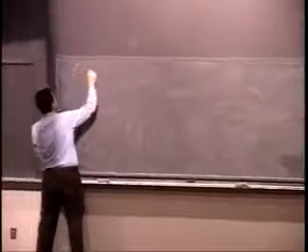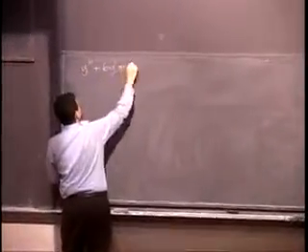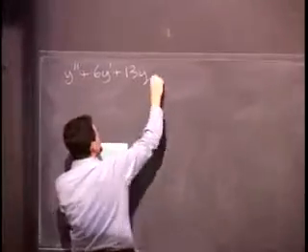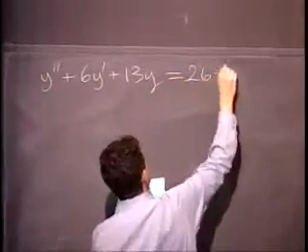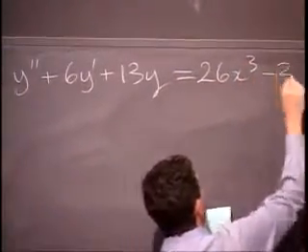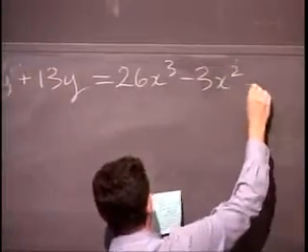Here is an example of an initial value problem. I want to do the easier one because I'm getting tired. Okay. y double prime plus 6y prime plus 13y equals 26x cubed minus 3x squared minus 24x.